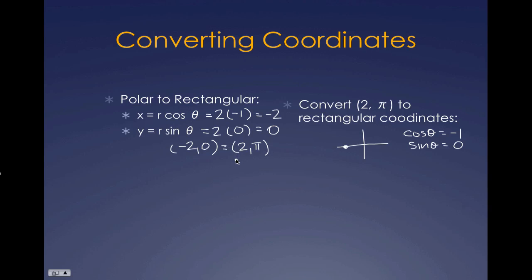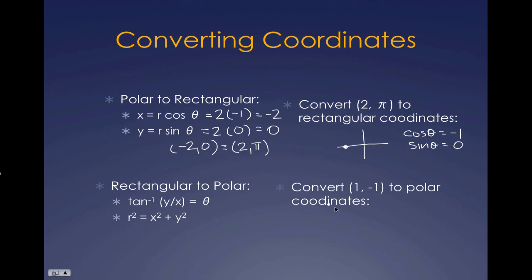Okay, so now let's go from rectangular to polar. So to do this conversion, you're going to use your tangent inverse function. Tangent inverse of y over x equals your theta, and r squared equals x squared plus y squared. So we need to convert the point 1, -1 into polar coordinates. So we have tangent inverse of -1 over 1.